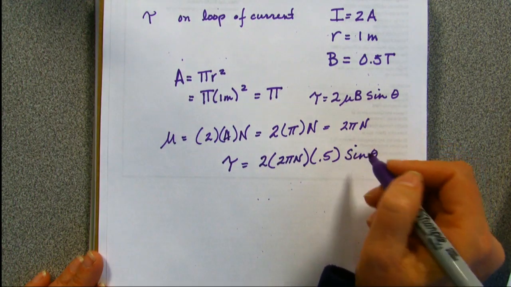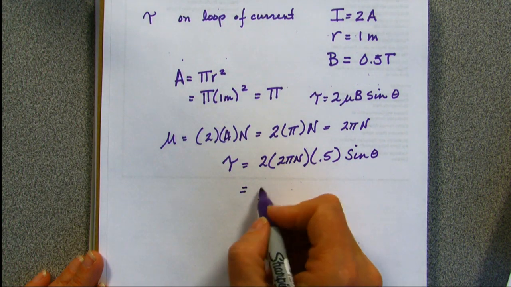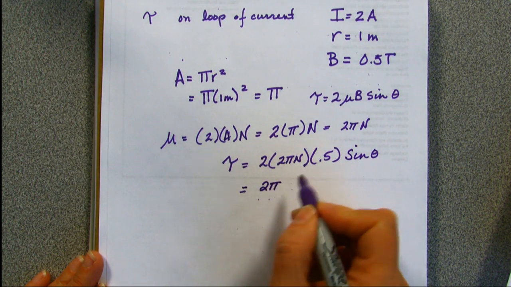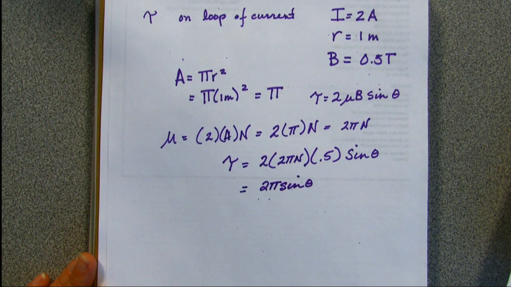And for one loop, I'm going to get pi sine of the angle. And the maximum would be pi. And if I have more coils, we get there.